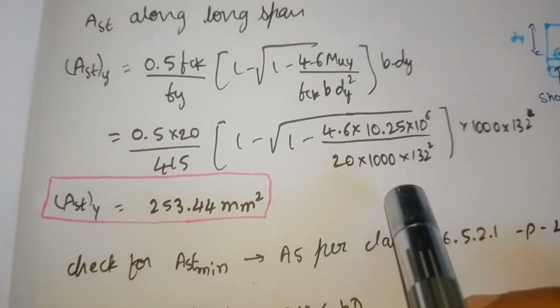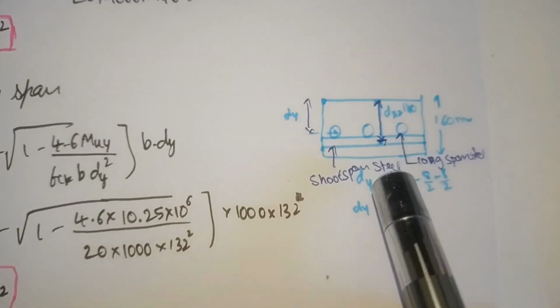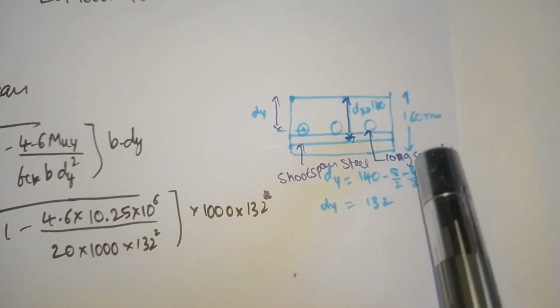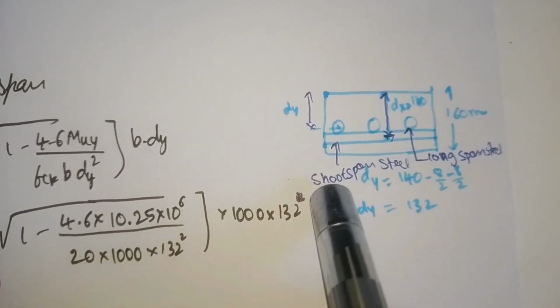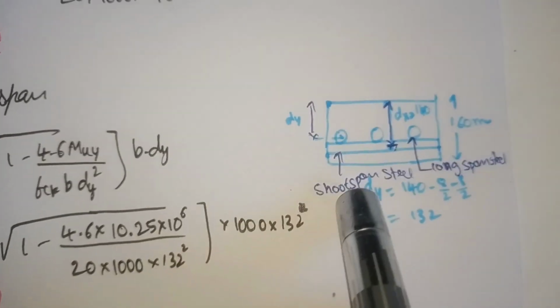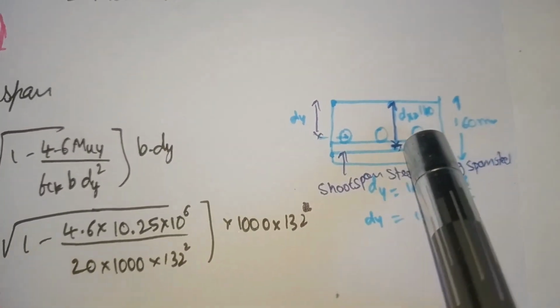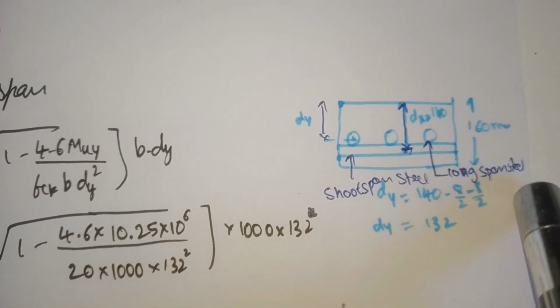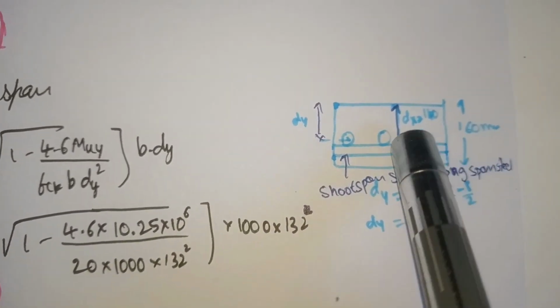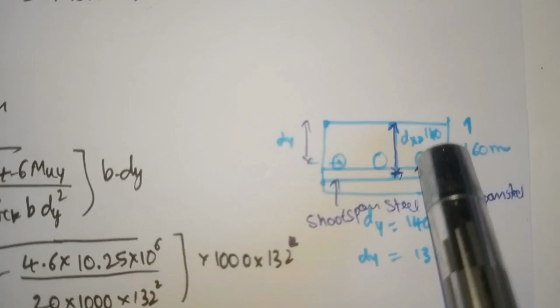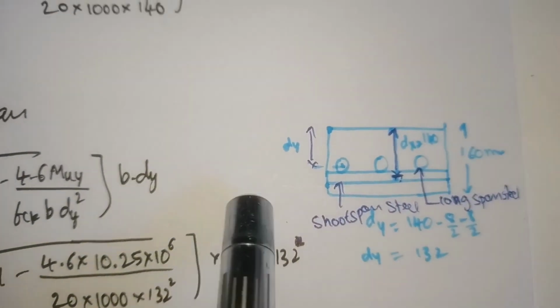So here, how does dy come? This is the slab having the overall depth of 160 mm, and here this is the short span steel and the circle which you are seeing here is the long span steel. So from here to here it has the distance of dx, that is 140 mm.